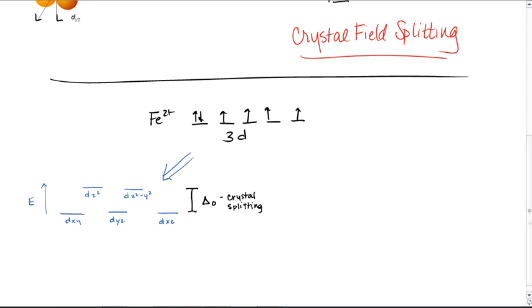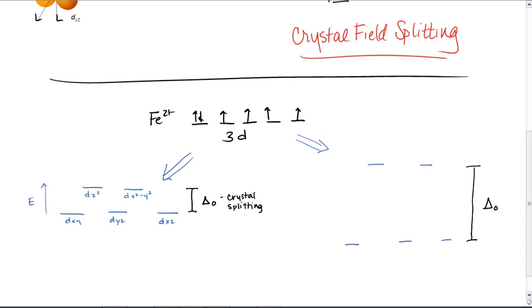Now, that being said, the size of the crystal field splitting actually will depend on what ligand attaches, because it could split just a little bit, or it could split a lot. And you could have a very large crystal field splitting energy. So what really causes it to have a difference in crystal field splitting is the ligand.